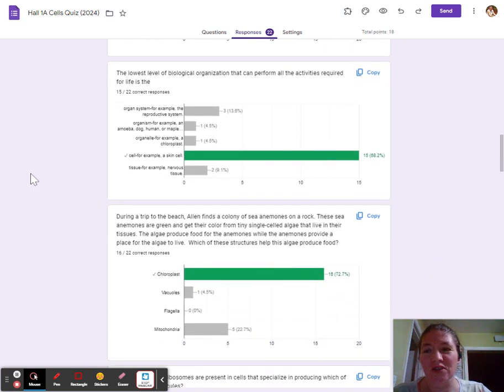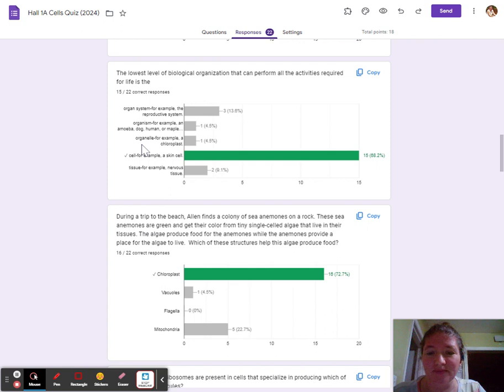Our third question is what is the lowest level of biological organization that can perform all the activities that are required for life? So cell is the smallest one that can do everything. Organ systems are made of cells. So the individual cells can do it, organ systems are too big. The organism, again, too big.